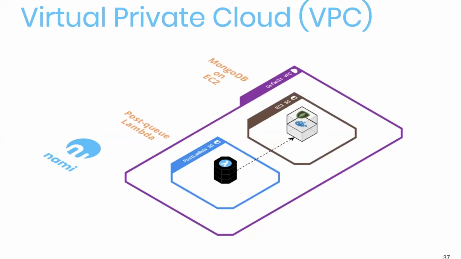So a VPC is a virtual network that securely isolates the services that live inside of it. The EC2 instance is required by default to be in a VPC. And so we make the webhook processing Lambda part of that same VPC so that it can write to the database, but without opening up a public portal.